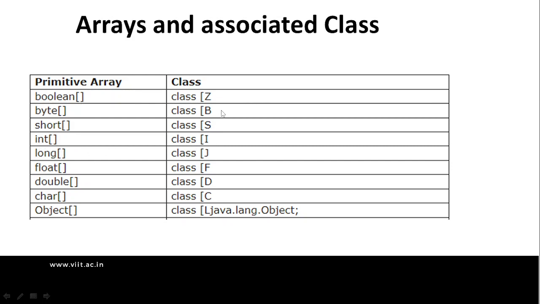So boolean takes capital Z, byte takes capital B, short takes capital S, integer takes capital I, and long takes capital J. For float, F is indicated, for double, D is indicated, for character array, C is indicated, and for an object array, the complete class is an opening bracket L java.lang.Object.